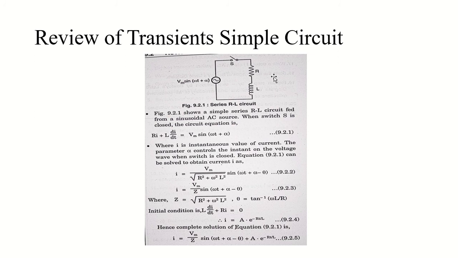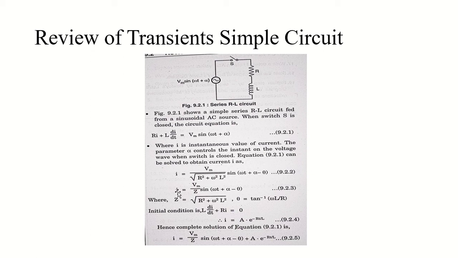And now when I apply the initial condition to this equation, if I take the voltage equal to 0, then L di by dt plus Ri will be equal to 0. Following this equation, based on this initial condition, I will get the value of i equal to A e raised to minus Rt divided by L. We can find the value of A by substituting the value of i here.